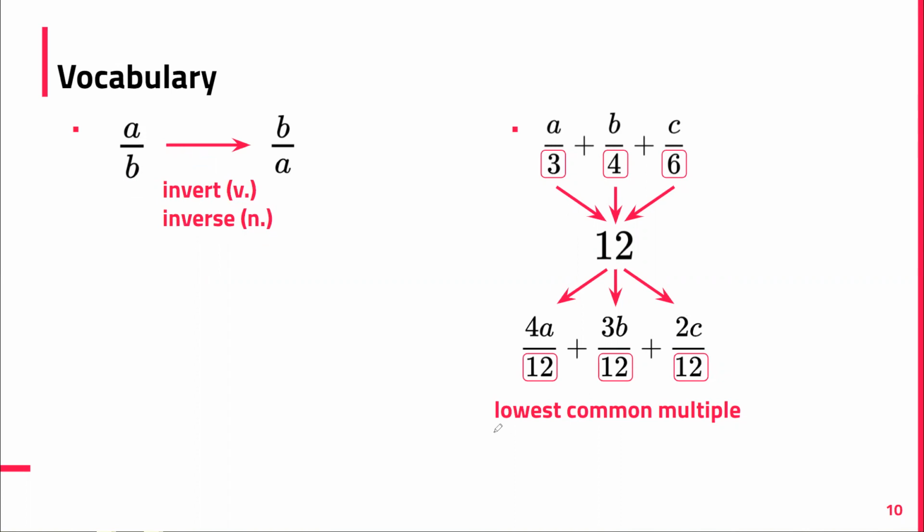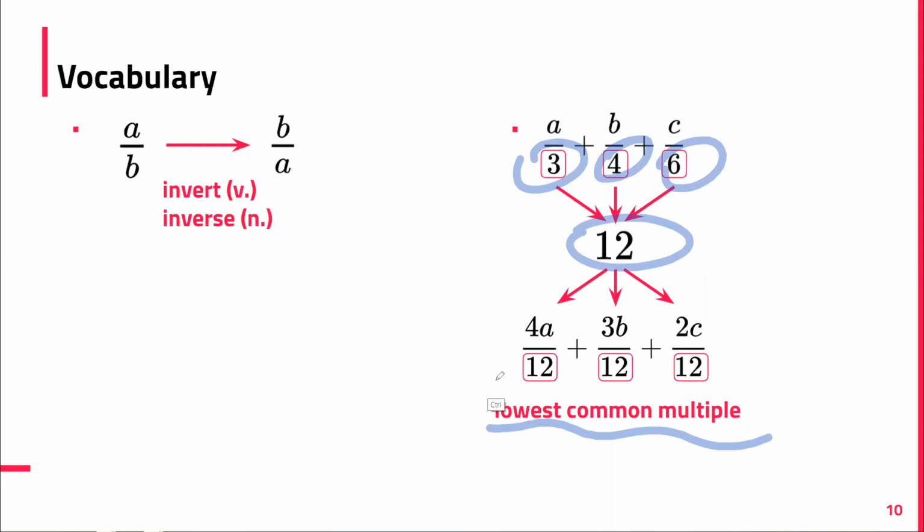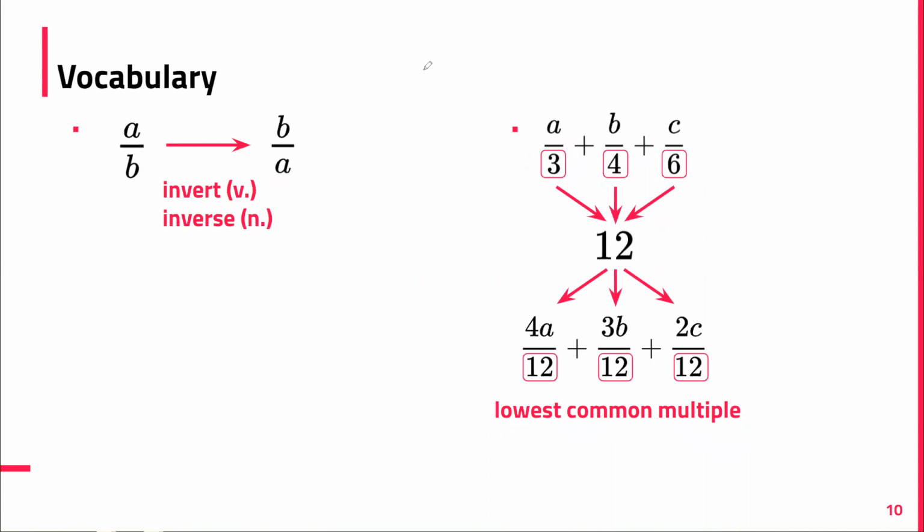And we also talked about lowest common multiple, so 3 and 4 and 6, lowest common multiple is 12. Like if we're adding fractions, we do something like this. So some vocabulary that's useful. Give everyone a chance to write it if they are. Okay, so invert or lowest common multiple.